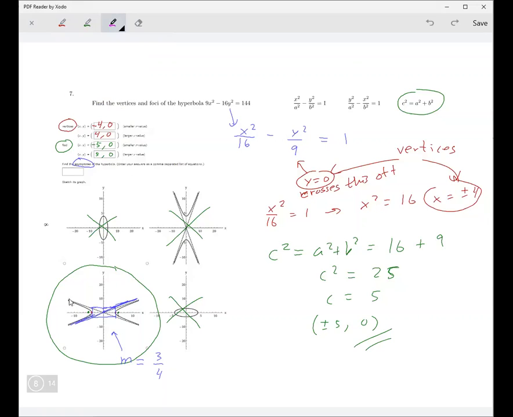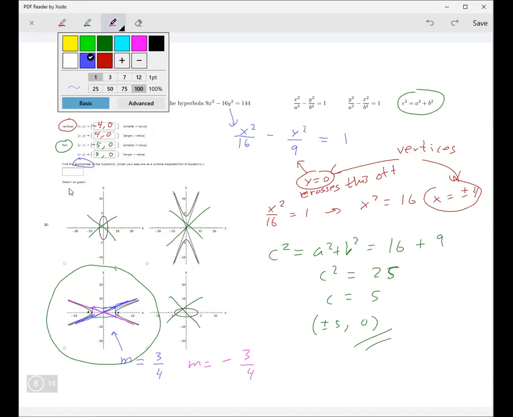This one right here goes through these two corners of the box and on through the center. So this went down 3 and over by 4, so negative 3/4. So you have two asymptotes, and they go through the center, through 0, 0, so that's not that bad to deal with.